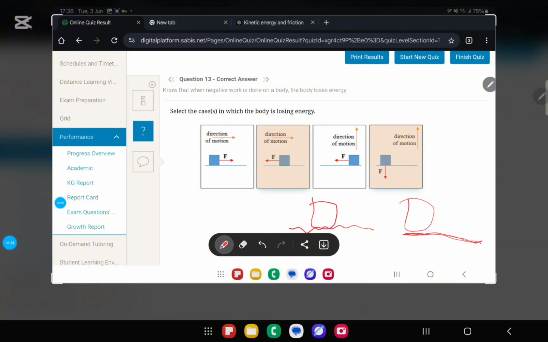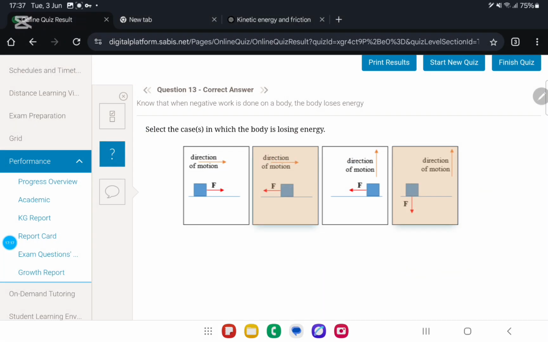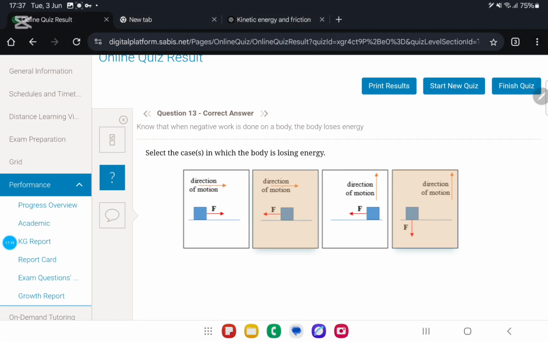But here, you're trying to push the box against the rough floor. You're losing energy. You get tired. You sweat. So when you get tired, you lose energy. That's why when you move it along the resistive floor, you lose energy. Sorry if I'm overcomplicating this.